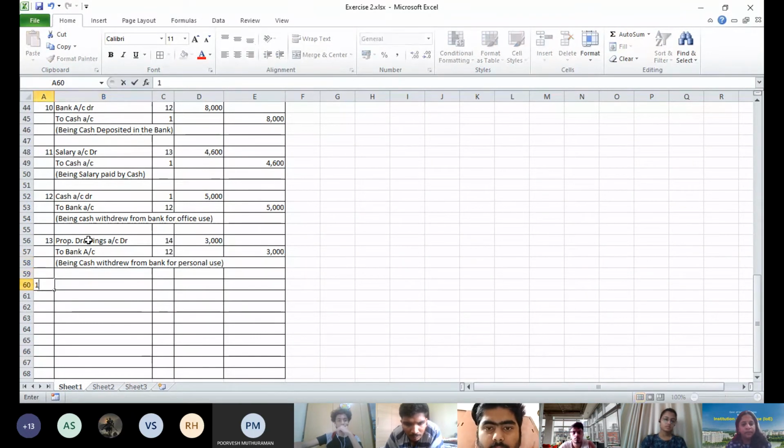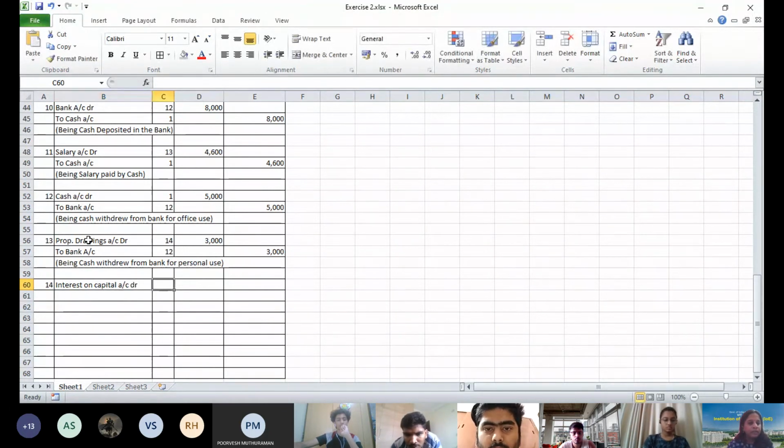Okay. We are coming to the end of the transactions. 14th, charged interest on capital. Again, interest on capital is a nominal account, an expense. Interest on capital account debit, to capital account.